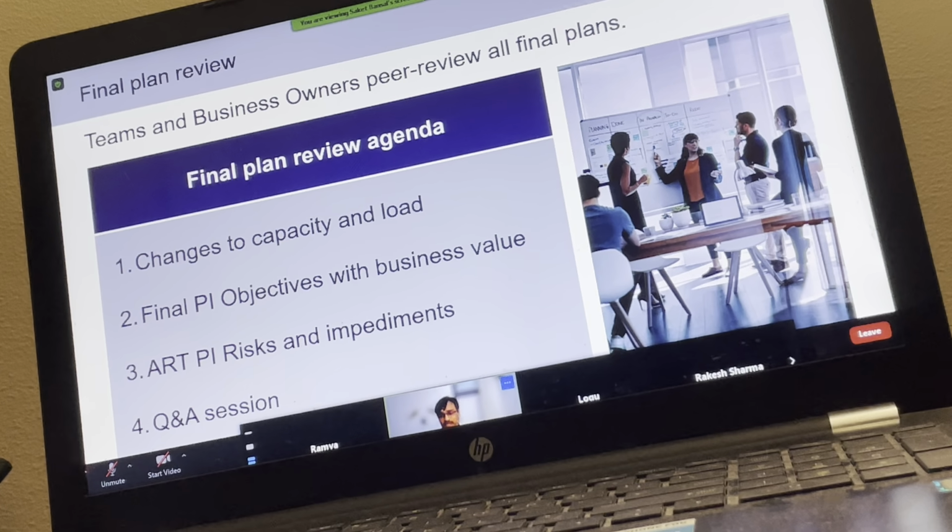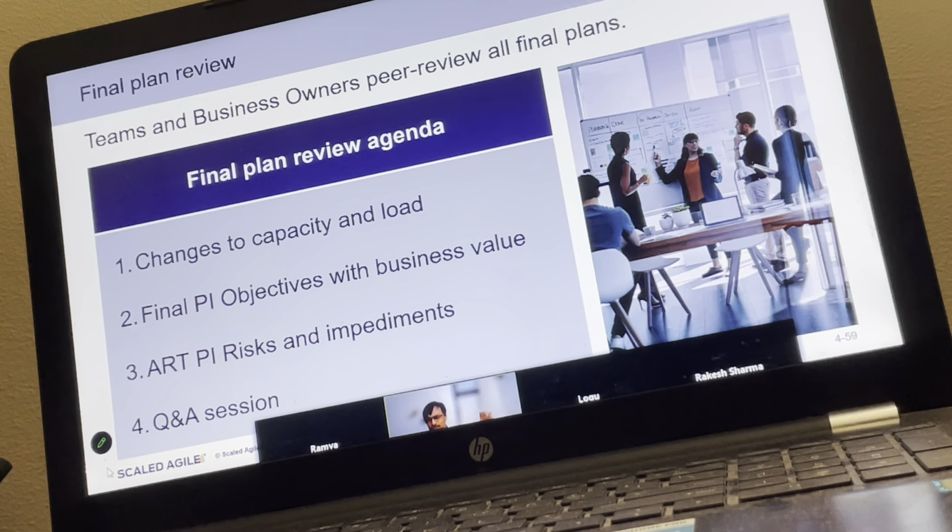We want to show the final PI objectives with business value. So by now we should have a business value. You get it in the beginning, you get it in between, you get it later, it doesn't matter. But finally, we should have a business value. That is important from a SAFe perspective. The rest is a matter of how you facilitate your agenda. We need to have PI level risks and impediments, and we need to have a Q&A session. So that's something we are going to see now.